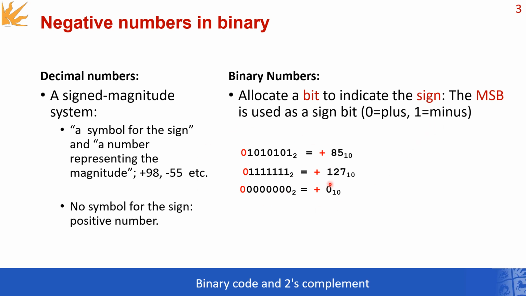These are some simple examples of positive numbers in the binary system and their counterparts in the decimal system. And these are the negation of these numbers. As you can see, we simply flipped the bit from 0 to 1, and that indicates a minus sign in the decimal numbering system.